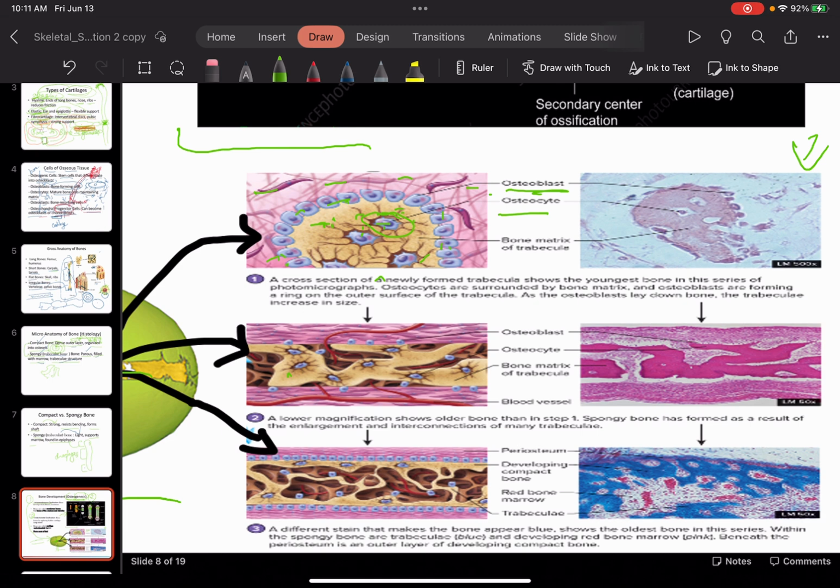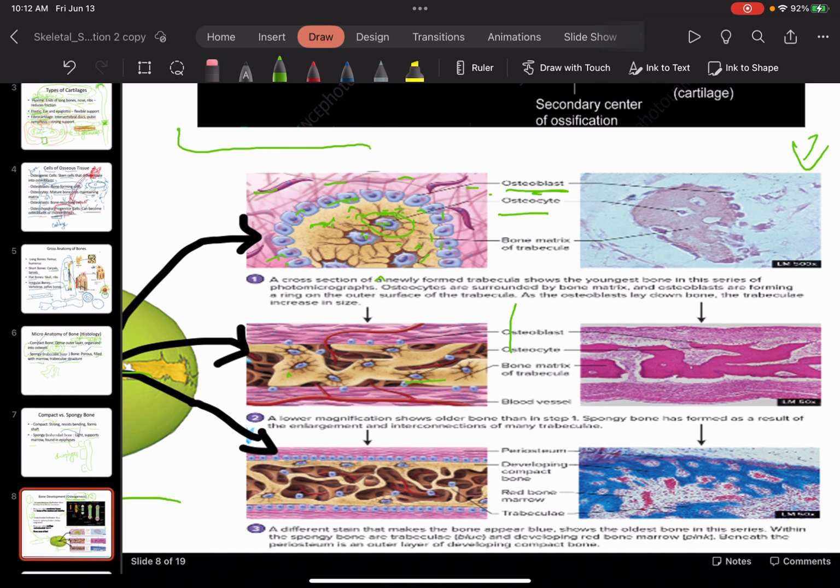Their function is only what? Maintaining the matrix. These are the ones forming the matrix, and these are maintaining the matrix. Then they form the trabeculae. So you can see the histology of that structure. Then you can see over here the osteoblasts forming, and you can see most of the osteoclasts around the matrix.